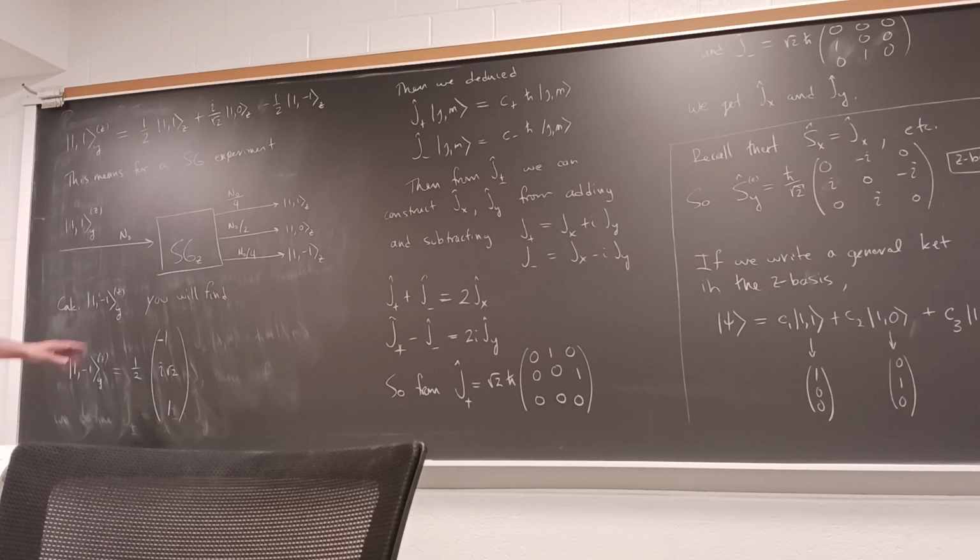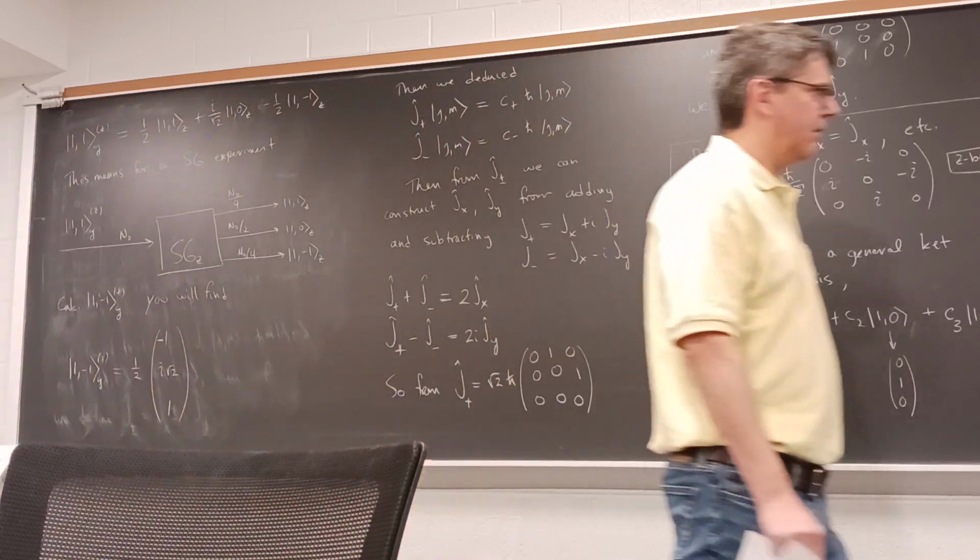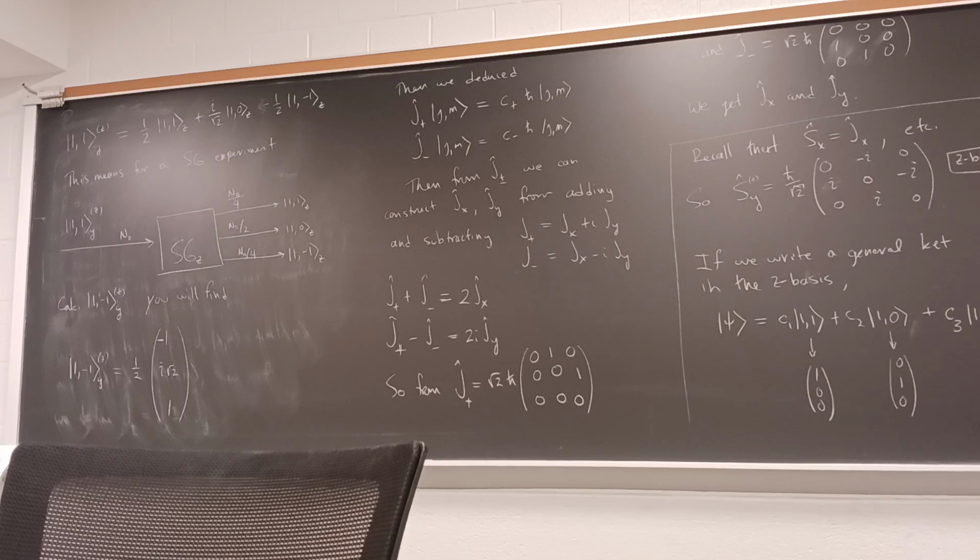So you can calculate all of the kets this way. You can calculate the x kets and the y kets, and it's a bit different than we did it for spin 1/2, but it's a lot faster to do it this way for spin 1.